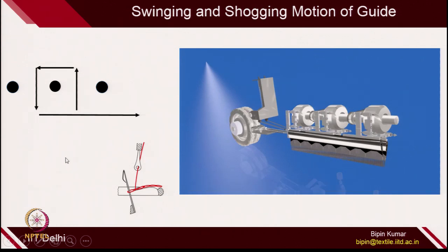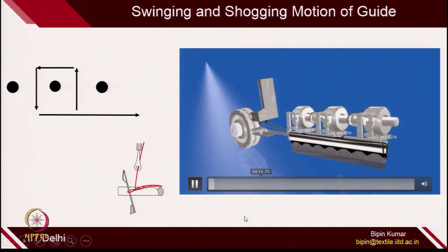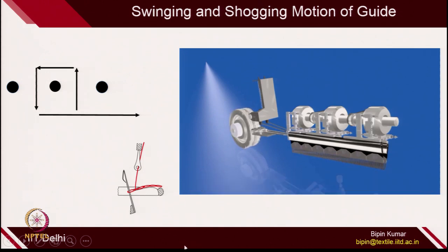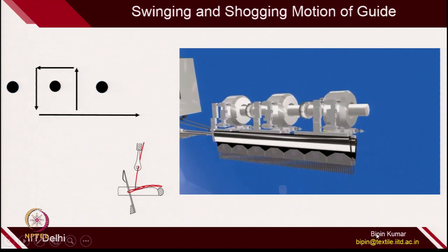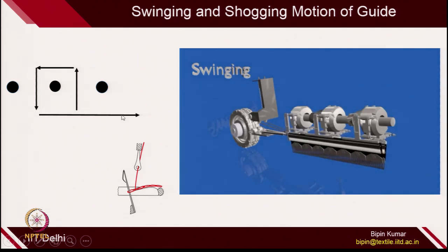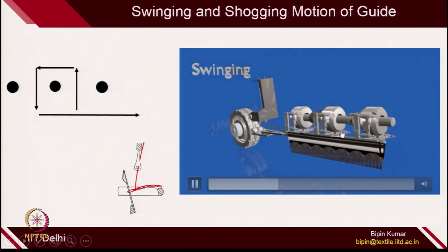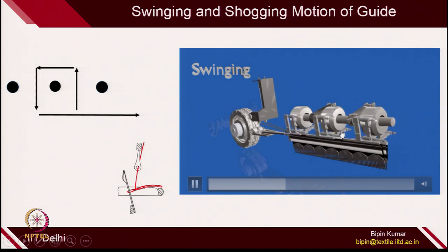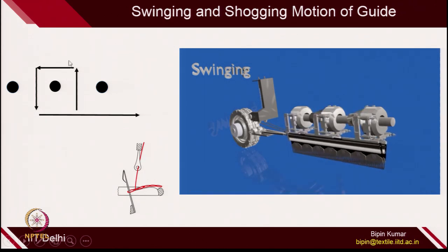To differentiate these two motions, here is a small video where you can see. The first motion is the shogging motion, shifting laterally along the needle bar. And here it is swinging through the needles, across the needles.